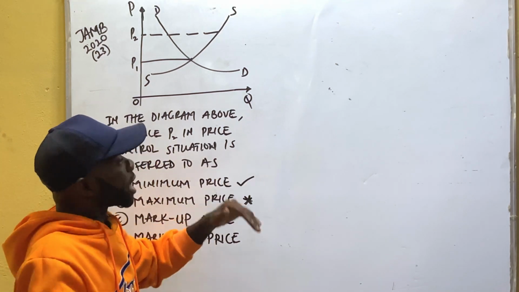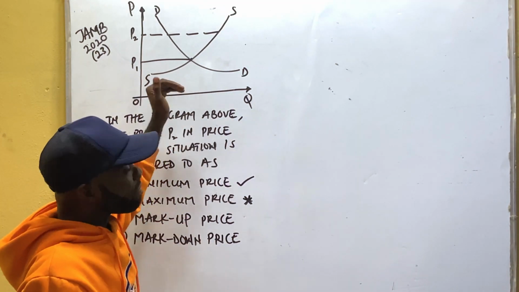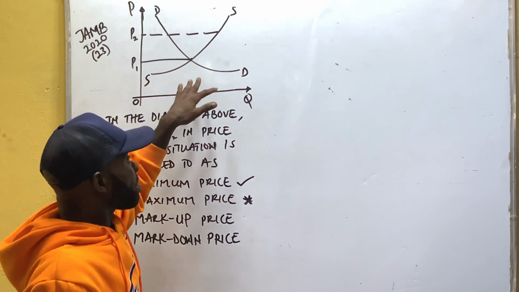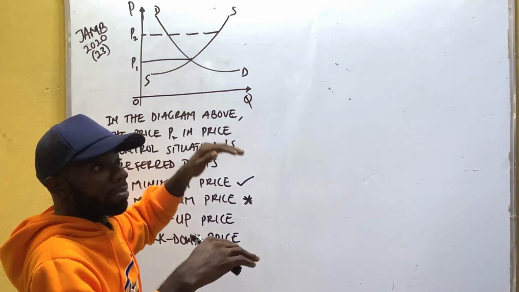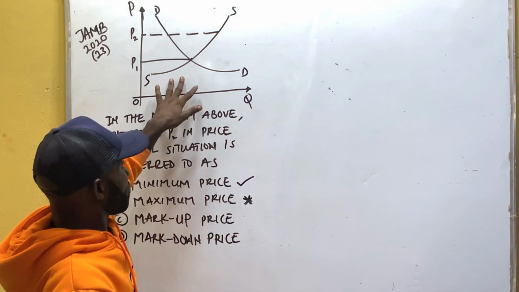It's a benchmark. If they buy above that, then they have involved themselves in what? Black marketing. So because government wants to protect them, it will set the price below the equilibrium price and tell them that's the maximum you should pay. And that's the only way to be favorable to them.